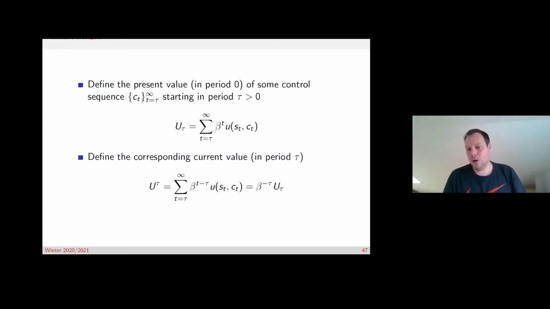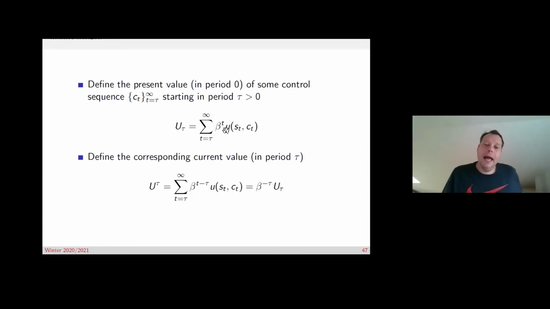This is everything you achieve starting from the 5 years, and you discount every contemporaneous utility up to today, so up to point 0.